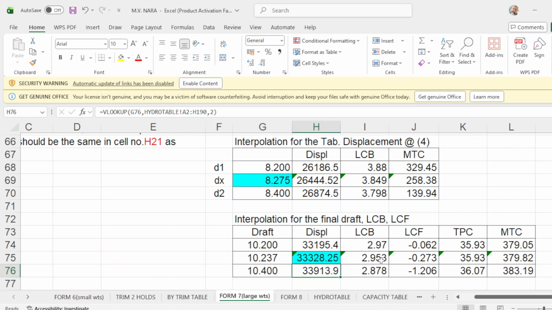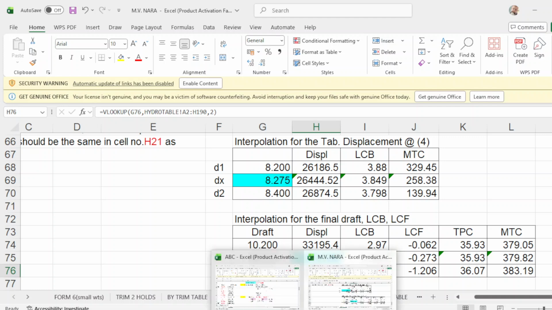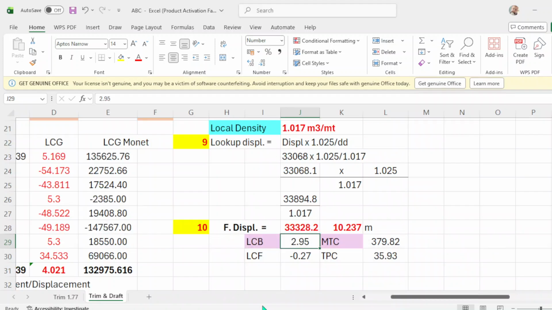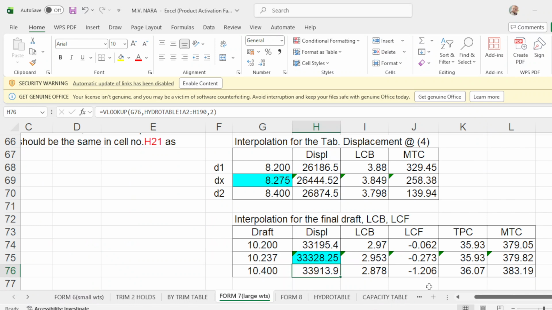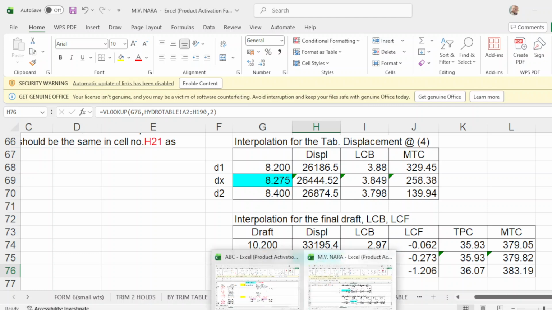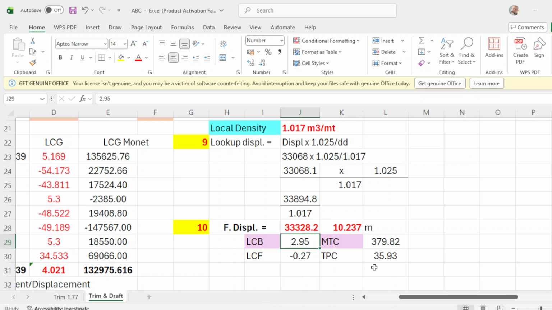LCF is negative 0.273, and here negative 0.27. MTC is 37982. And TPC is 3593. It is also the same here.